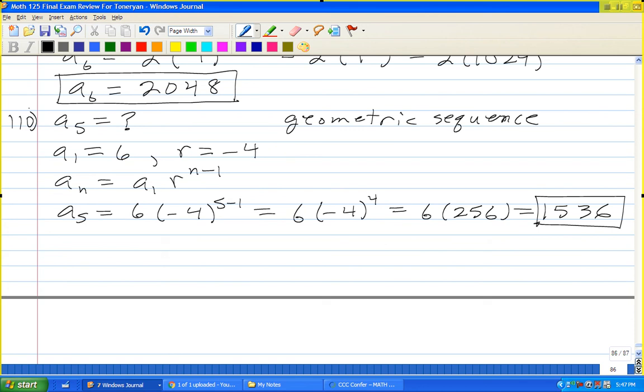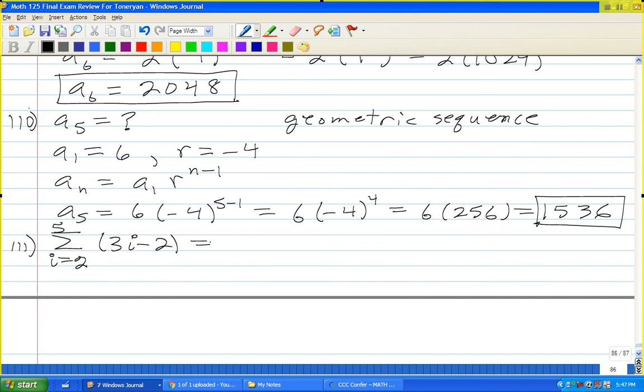Okay. Let me do problem number 111. Evaluate the expression. Sum i equals 2 to 5 of 3i minus 2.